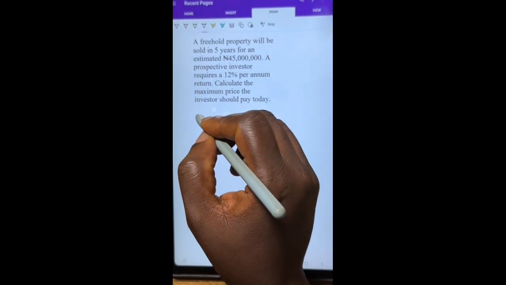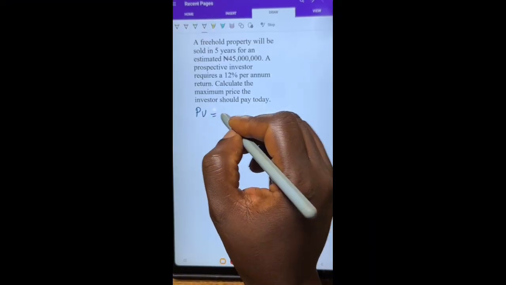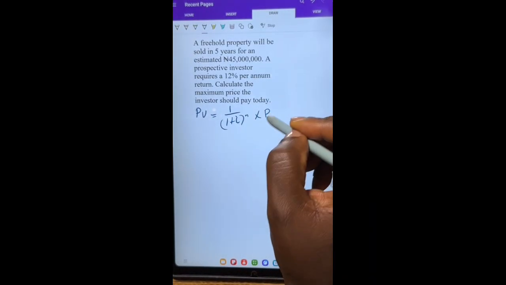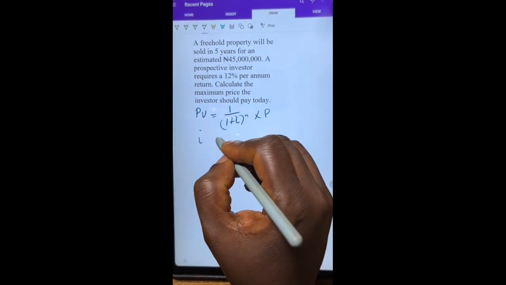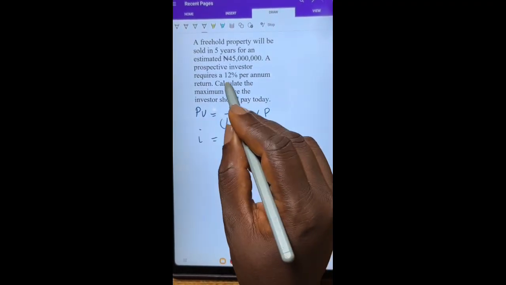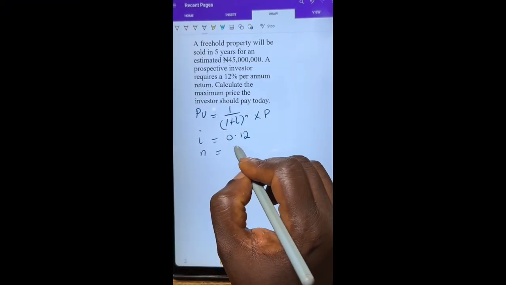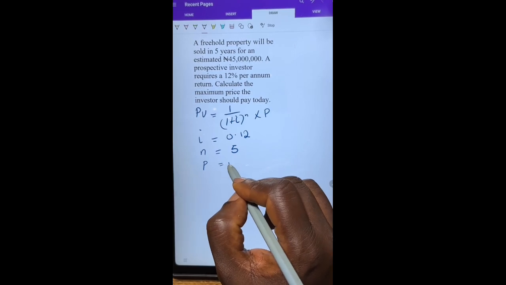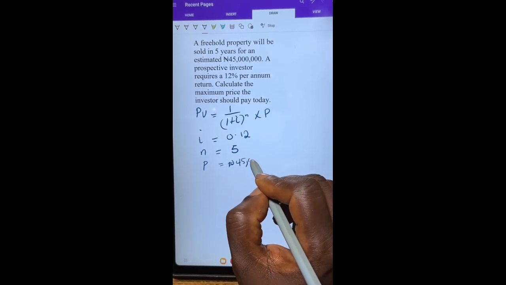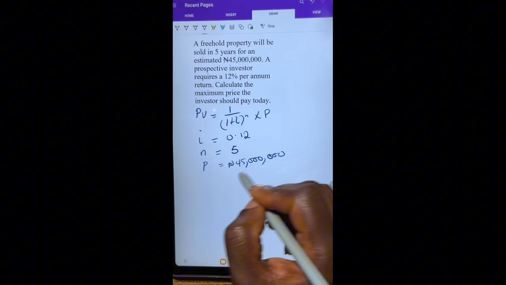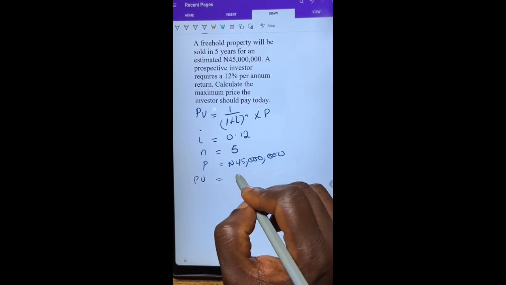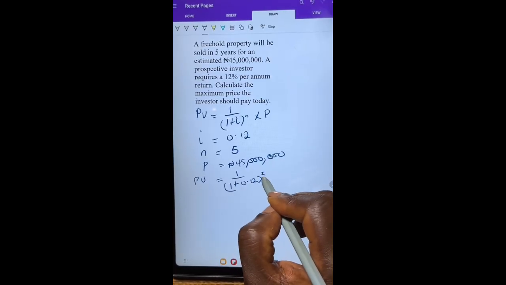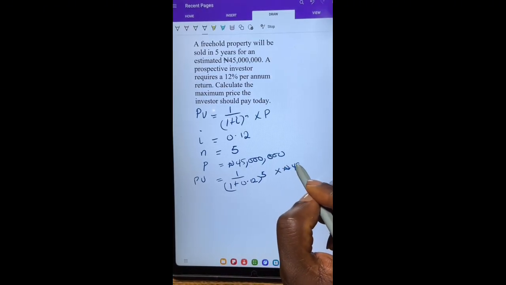So once again, we use the formula PV is equal to 1 over 1 plus I raised to power n times P. Our I from this question is 12%, which is 0.12. Our n is 5 years. And our P is 45 million naira. So to get the PV, we say 1 over 1 plus 0.12 raised to power 5 times 45 million naira.